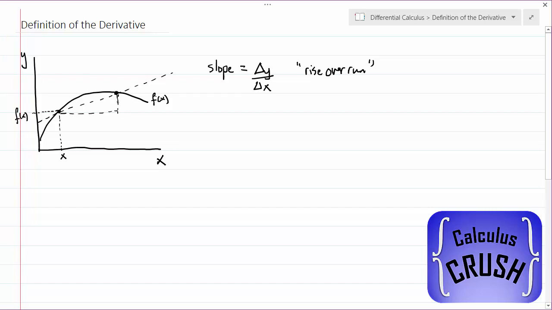Now at this second point, I'm going to say that the x value is going to be x plus h. So you can see here, this first value is x. The second value is a little bit further away, and I've called that distance h.